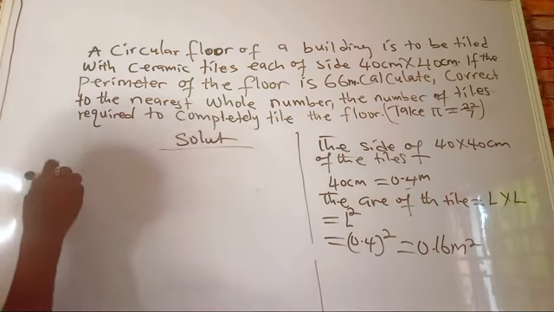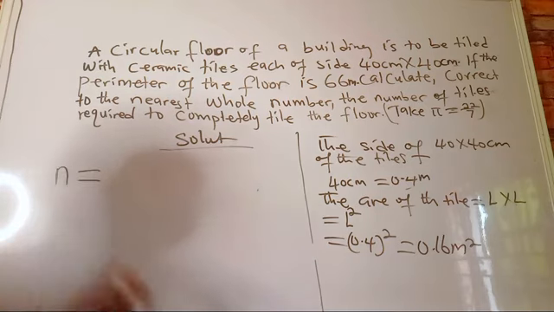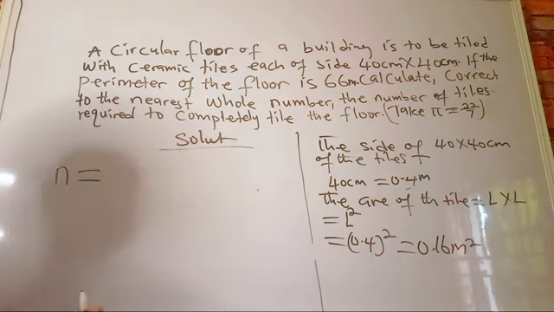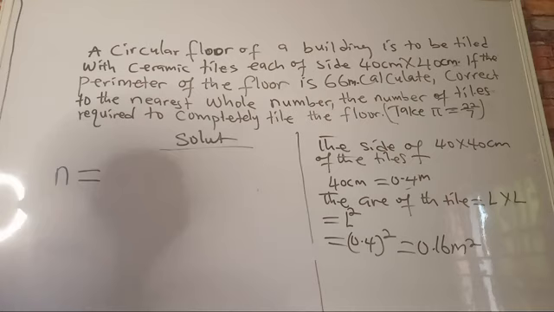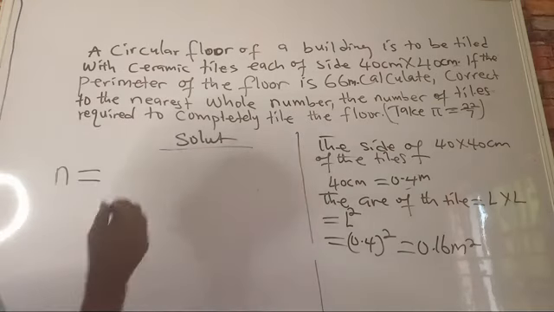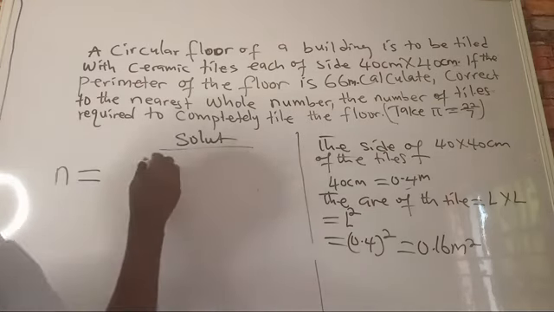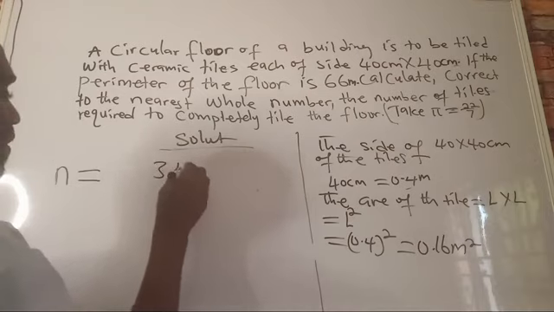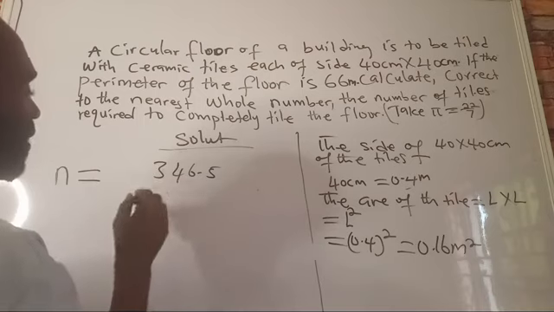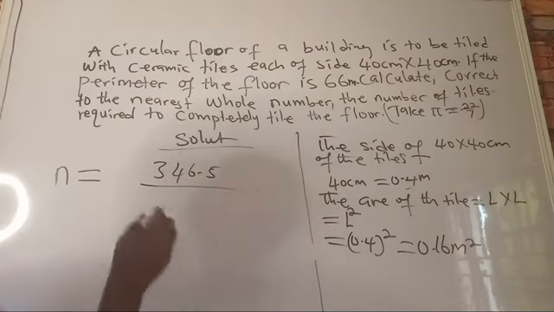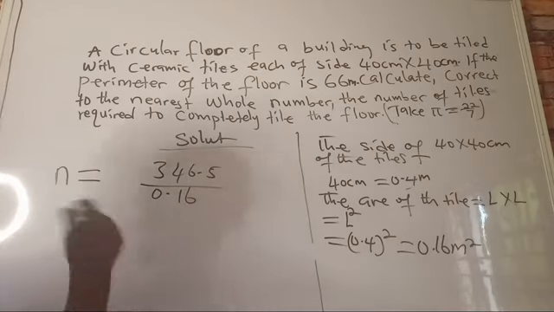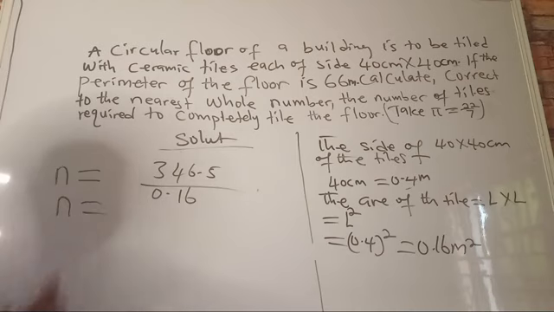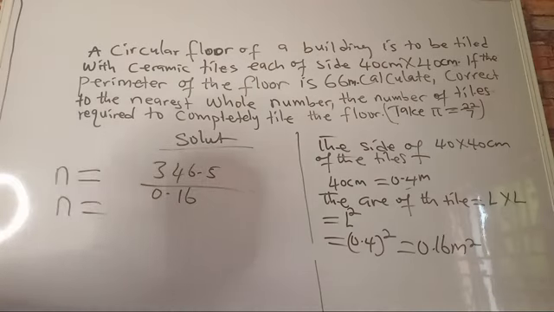So n, the number of tiles to be used, is the area of the building, 346.5, divided by the area of the tile, 0.16.